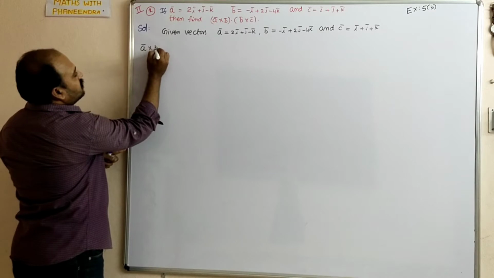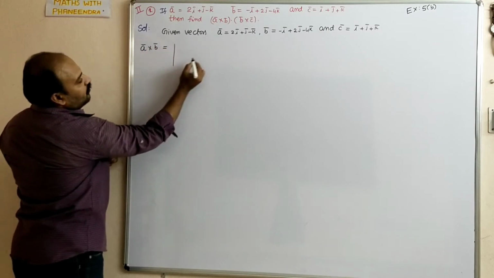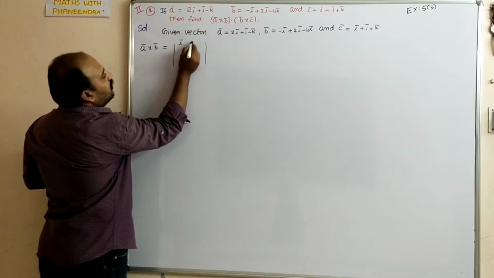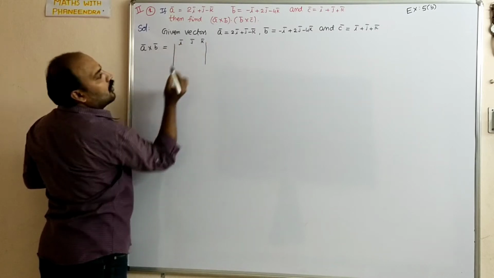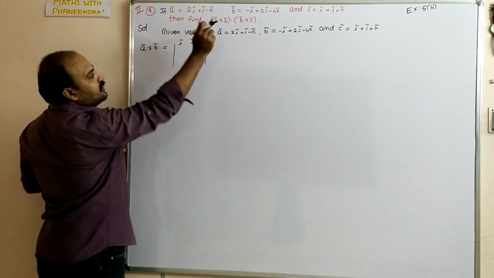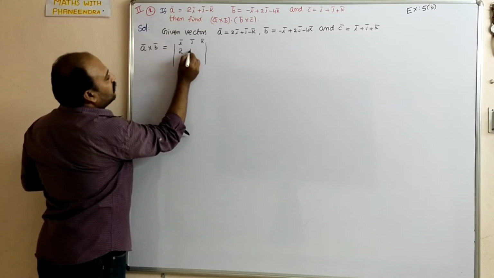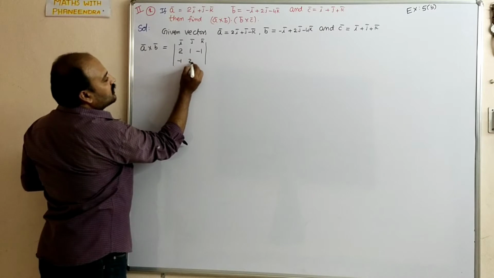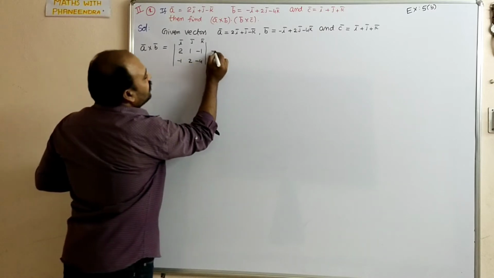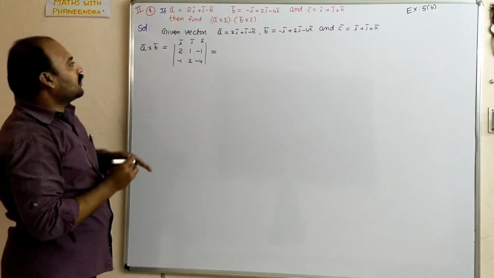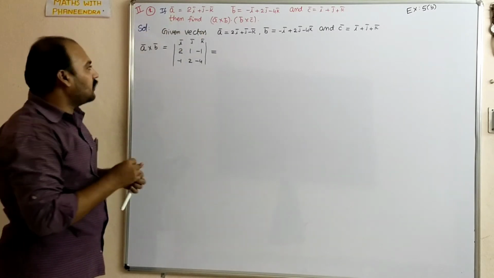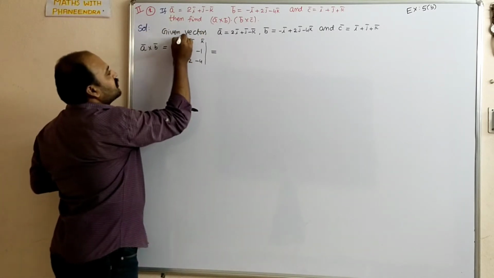A bar cross B bar equal to, we know the cross product of two vectors, how to do that? So i bar, j bar, k bar, A bar components 2, 1, minus 1 and B bar components minus 1, 2, minus 4, which is equal to, so here plus minus plus, that I will mark to make it easy to understand.